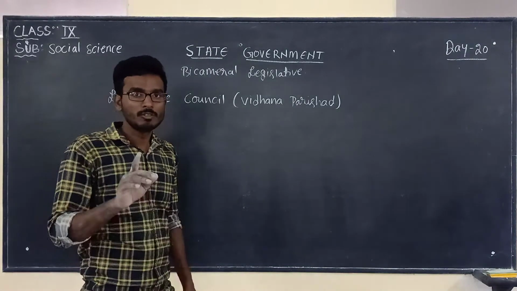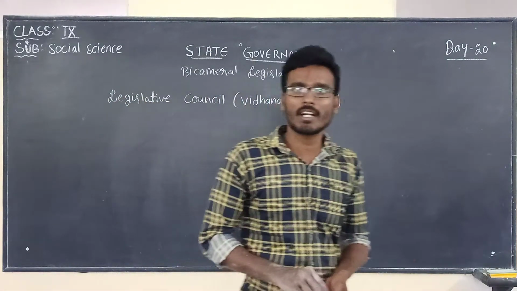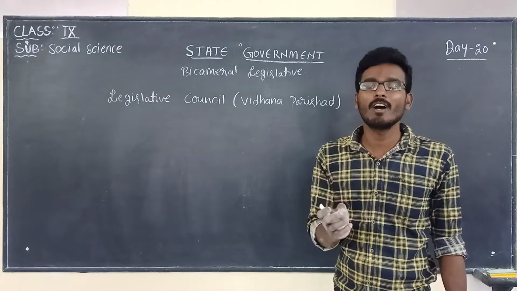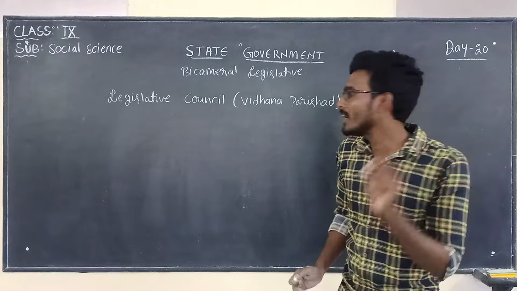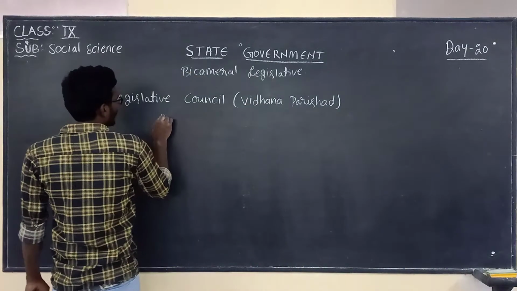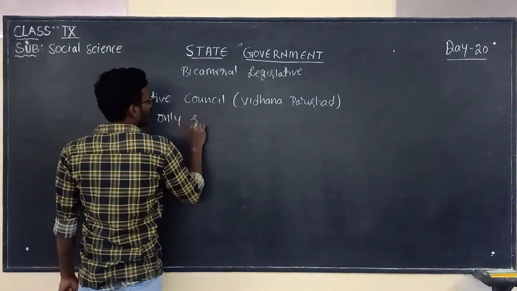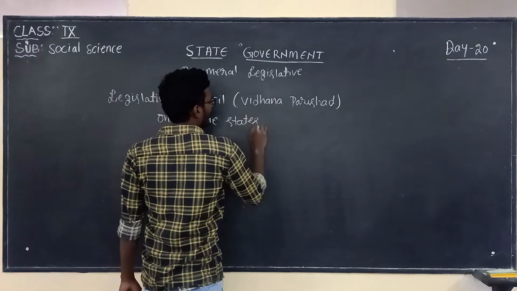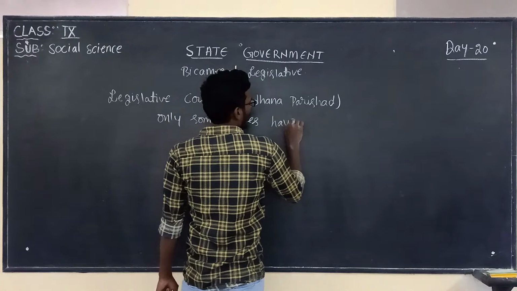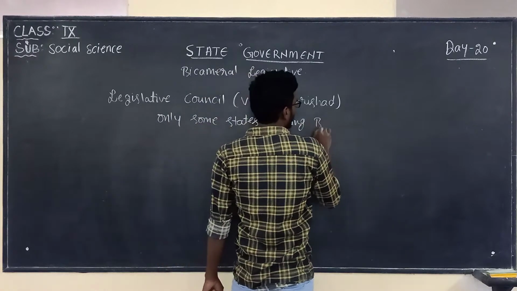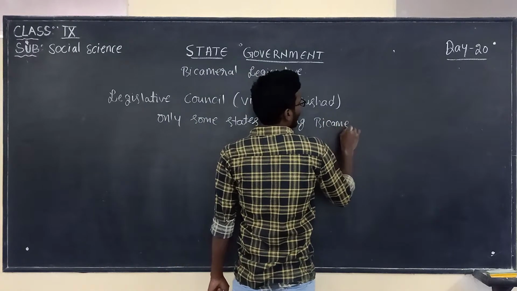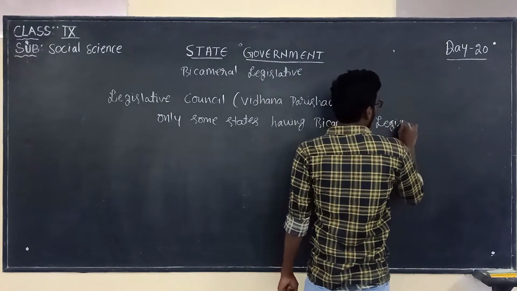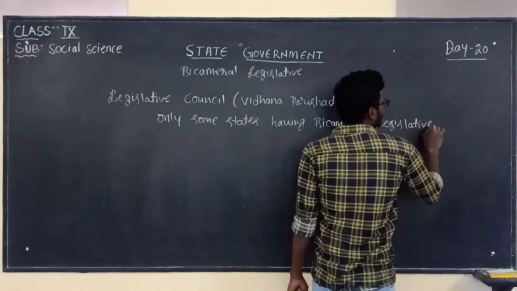In the previous class, I gave you one question, right? What is the question? Why do only some states in India have a bicameral legislature? Only some states have a bicameral legislature.